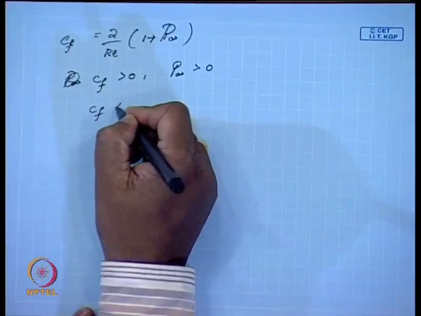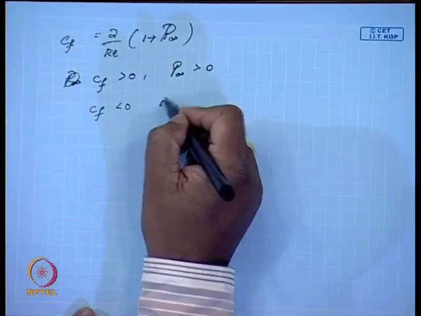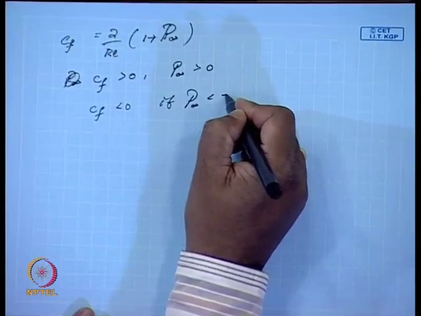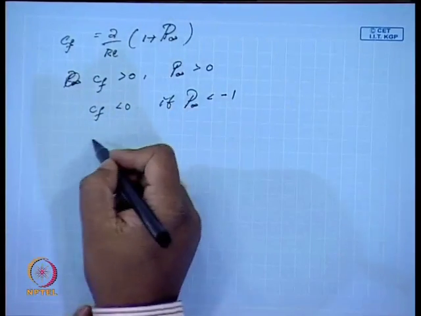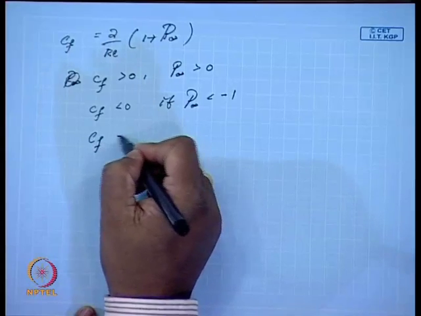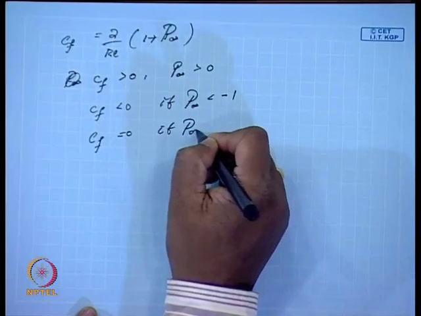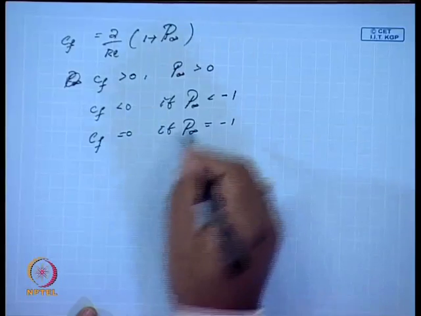Cf is less than 0 if p infinity is less than minus 1, and again Cf equal to 0 if p infinity equal to minus 1.